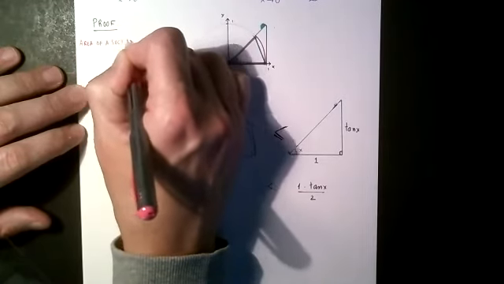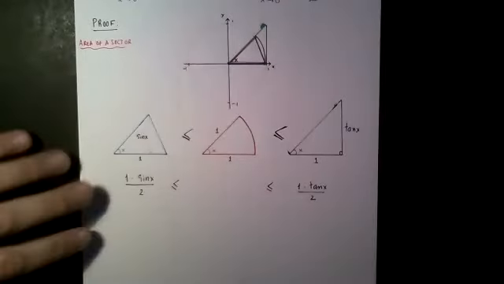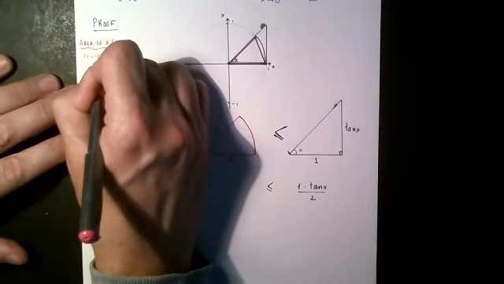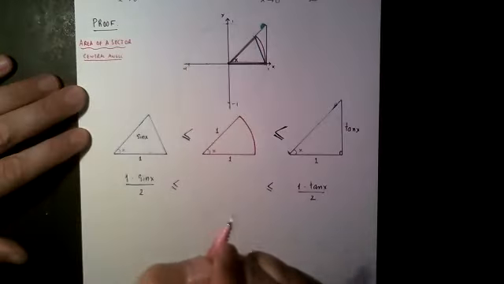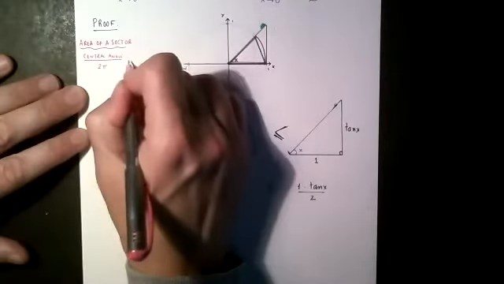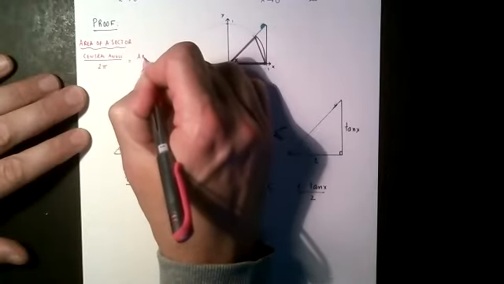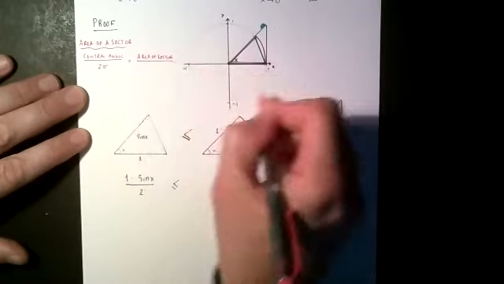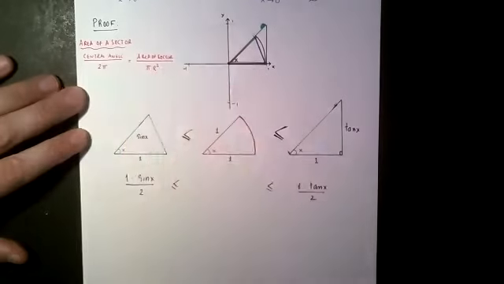You probably did this in secondary too, so you probably forgot this. You do central angle over 2 pi, which is 360, equals the area of the sector divided by the area of the whole circle, which is pi times radius squared.